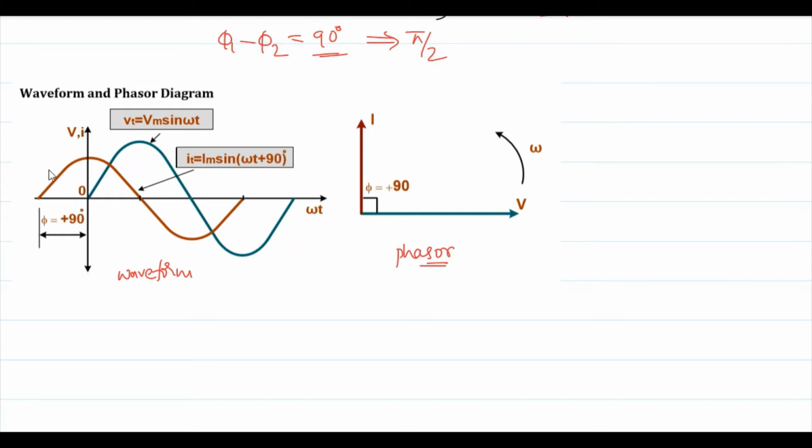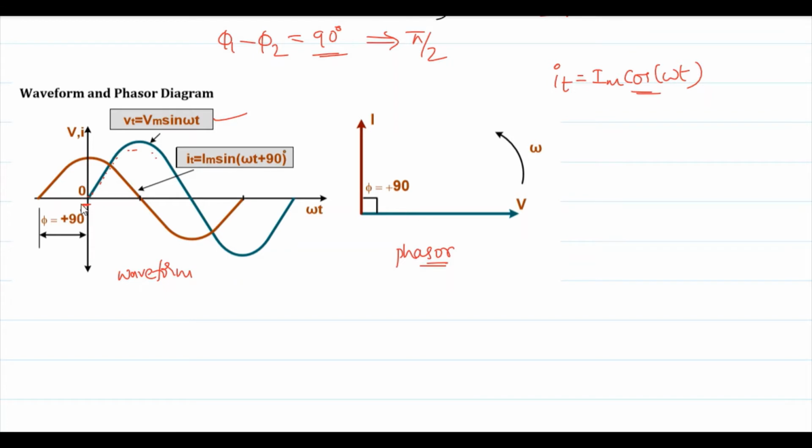As our voltage equation is given by Vt is equal to Vm sine omega t, it is a sine function, so this wave is represented as a sine wave. Then the current equation is It is equal to Im cos of omega t, which is a cos function. So at time t equal to 0, it will start with the maximum value.